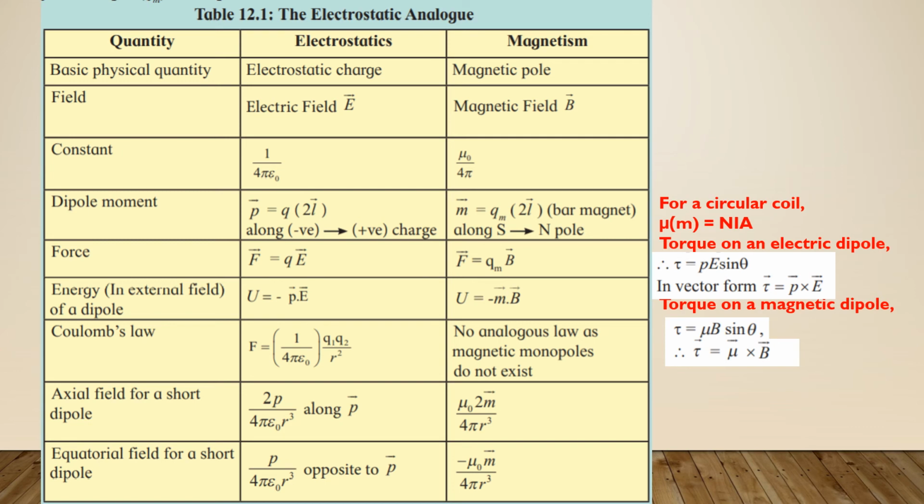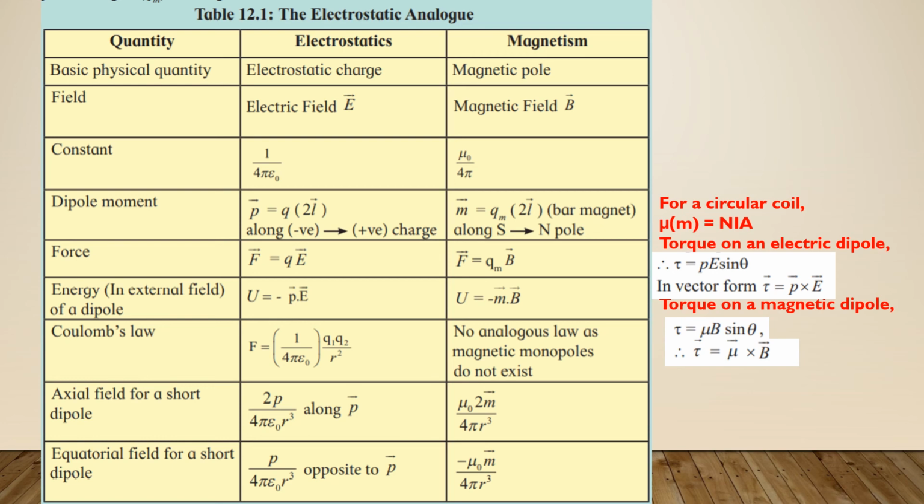Similarly, the equatorial field due to short electric dipole is given by E is equal to 1 upon 4 pi epsilon 0 P upon r cube, but it will be directed opposite to P bar. Similarly, the equatorial field due to short magnetic dipole is given by B bar is equal to mu 0 upon 4 pi m upon r cube.